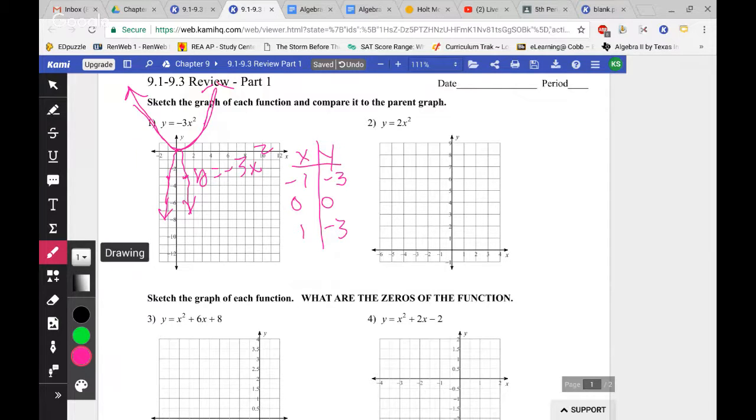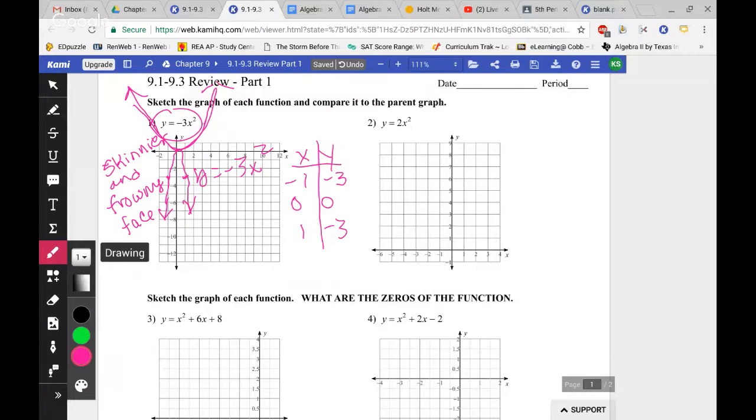Or you could draw this graph right here and then just say it's skinnier and it's a frowny face, or reflected across the x-axis. I would take either one. I just want you all to know that if you're taking a test, an ACT or whatever, it's probably going to use those fancy math words, reflected across the x-axis.